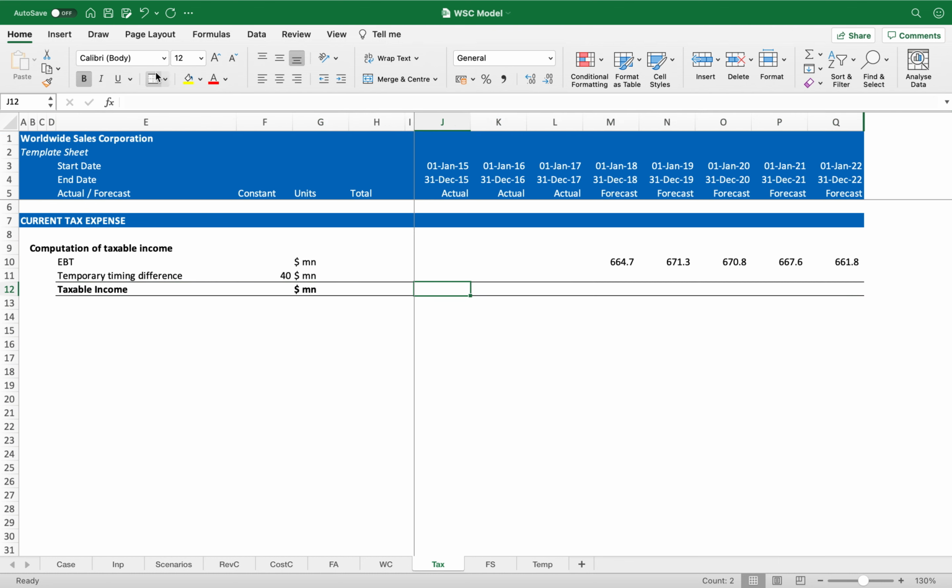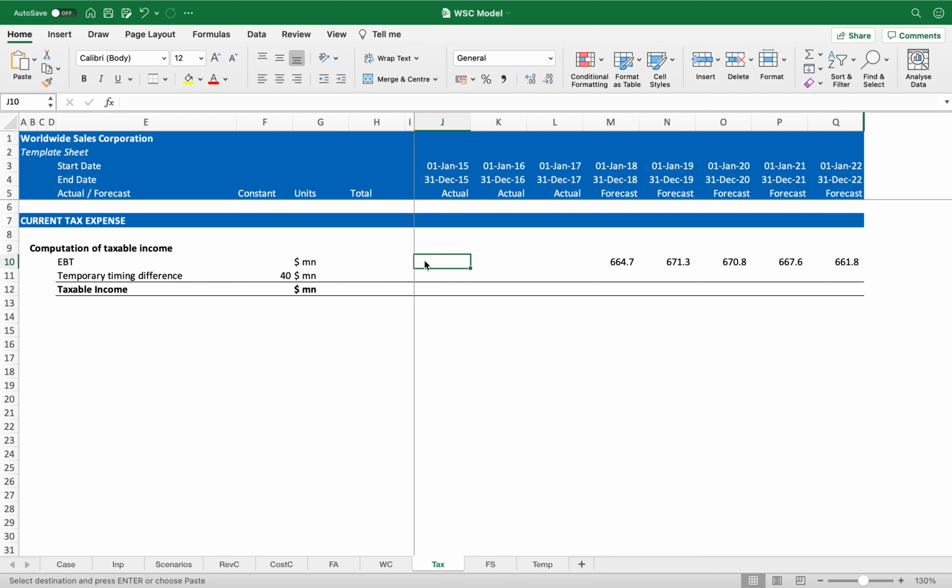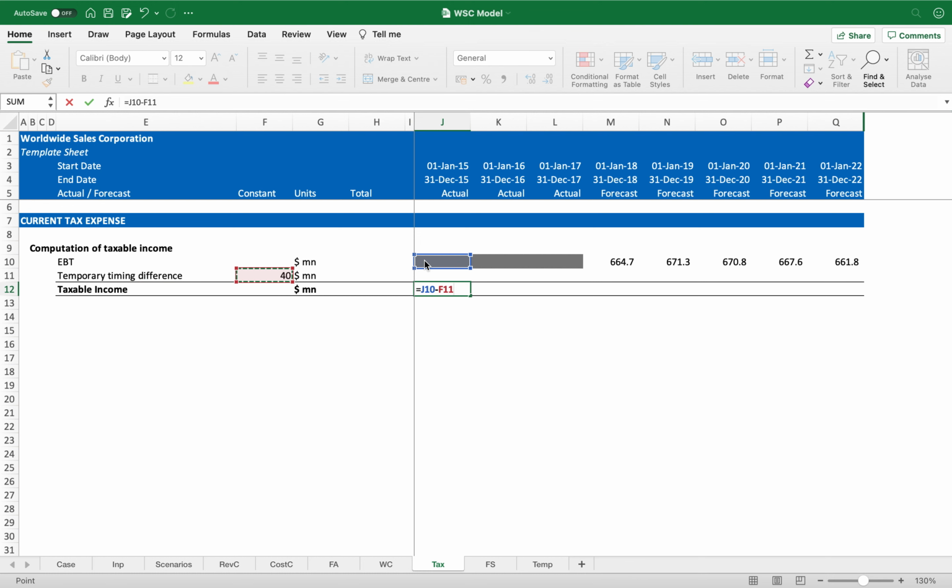So this is your taxable income. Very simple computation. Just reduce $40 million. So your EBT minus your $40 million, and do a column freeze. So you have to apply an if statement here.